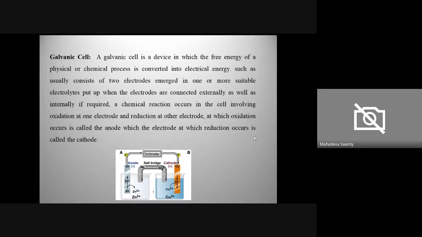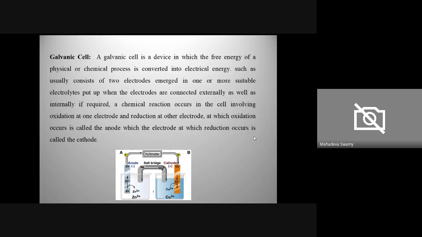Because the galvanic cell is a well-known example of a reversible cell. So what is a galvanic cell? We are already very familiar; in the introduction class I discussed it in the last unit. A galvanic cell is a combination of two electrodes dipped in their own ionic solutions. Generally, we take a copper electrode and a zinc electrode.